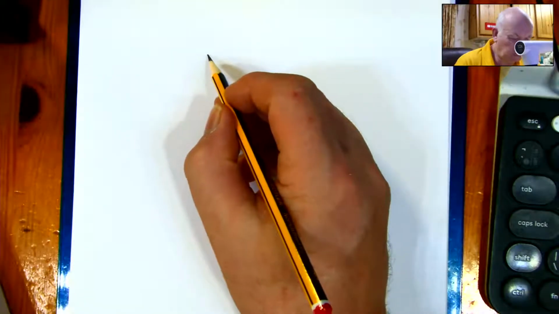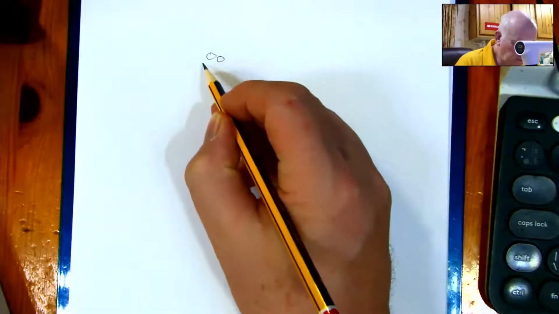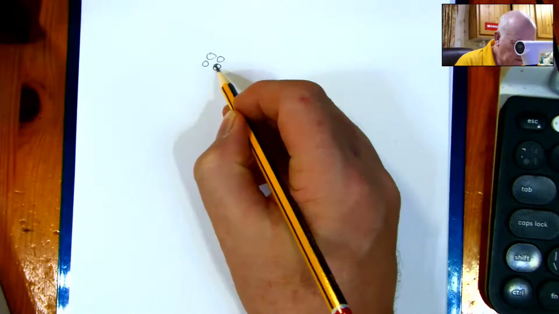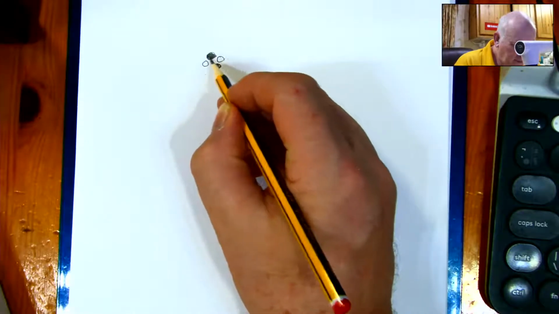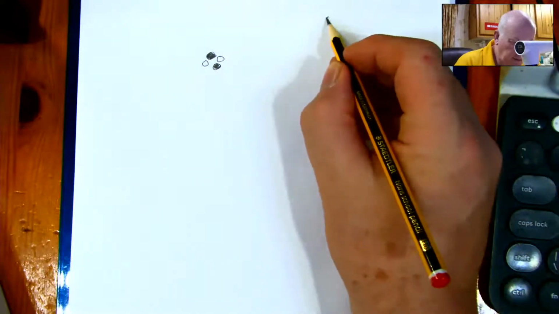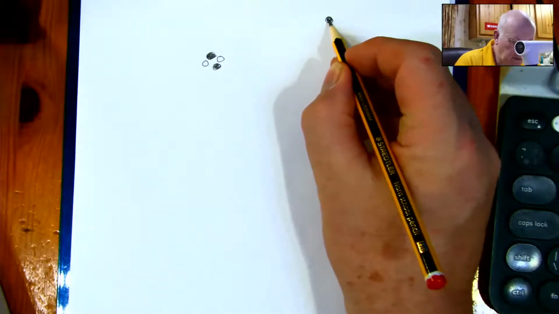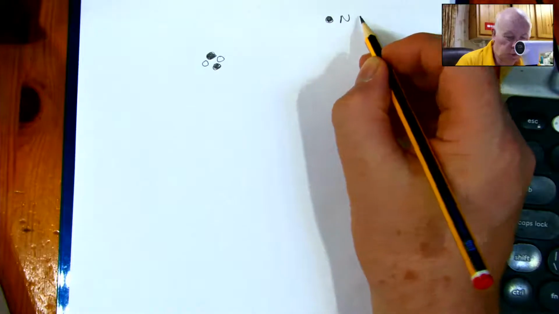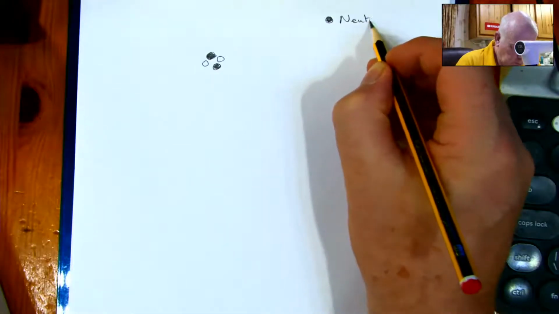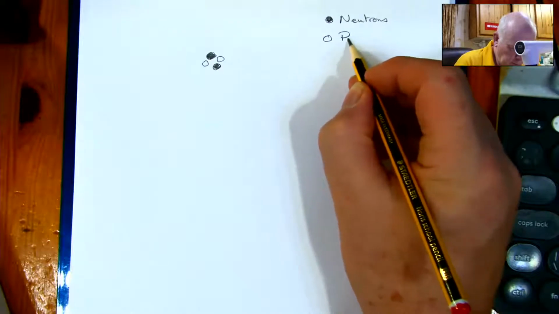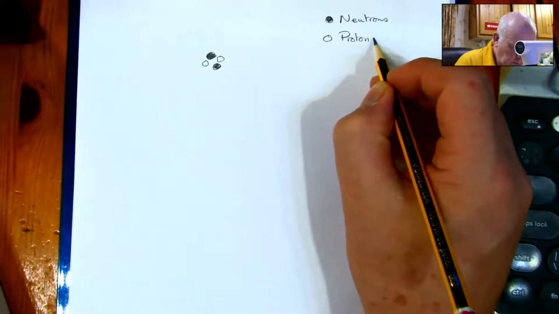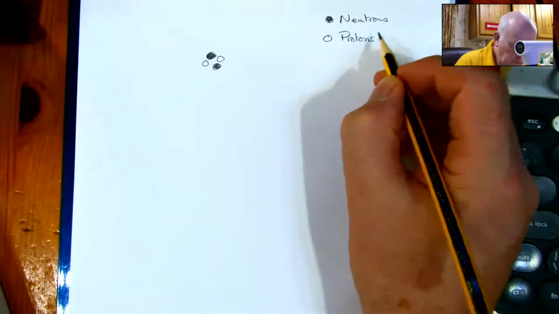So this nucleus consists of protons and neutrons joined together. I'm going to label my dark ones here. These are going to be neutrons. And I've got there another one, the white ones, protons.